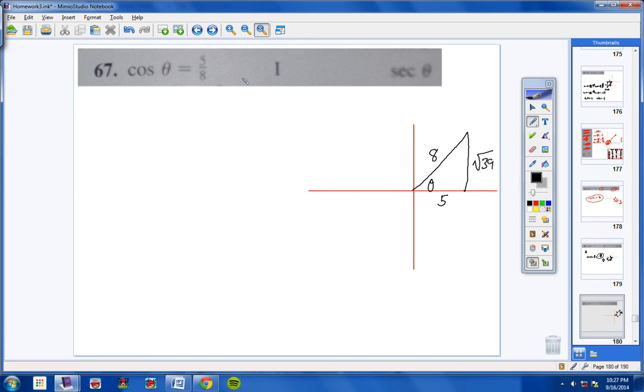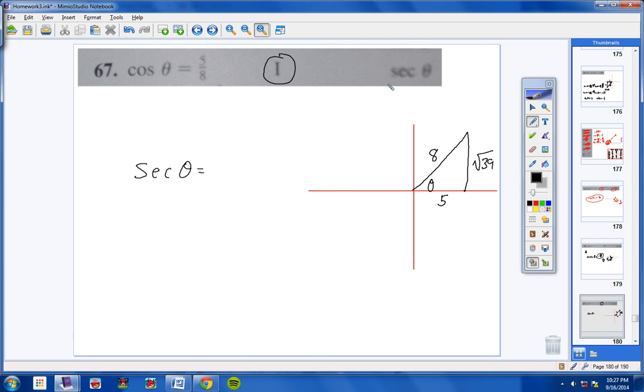I'm in quadrant 1, cosine of theta is 5/8, adjacent over hypotenuse. They want me to find the secant of theta. And so the secant of theta, are you serious? Boy, I wasted a lot of time on this, didn't I, students? If this is cosine, secant is the reciprocal, and you know if you're in quadrant 1, all the signs are going to be positive.